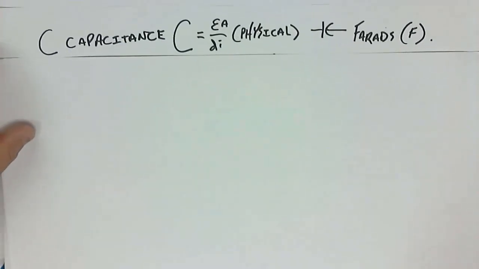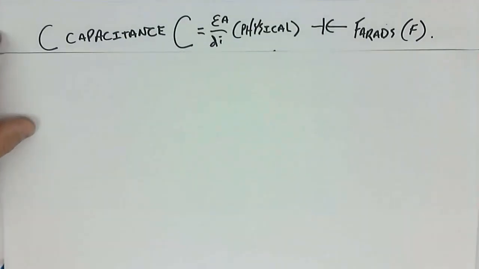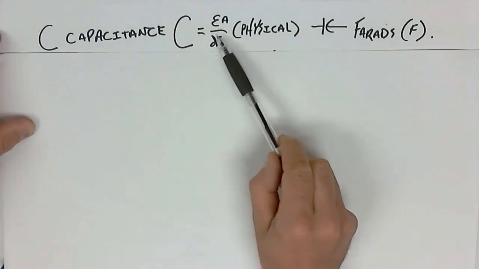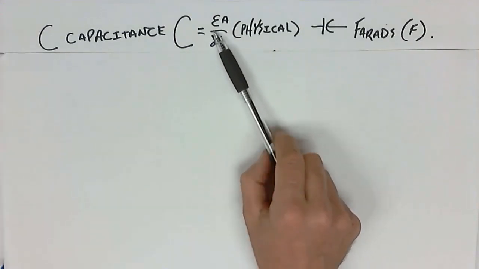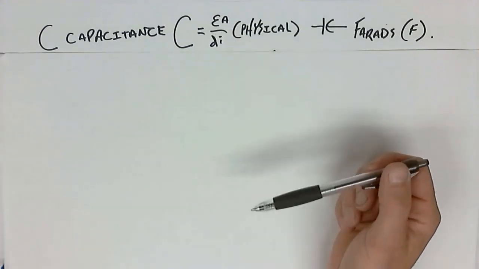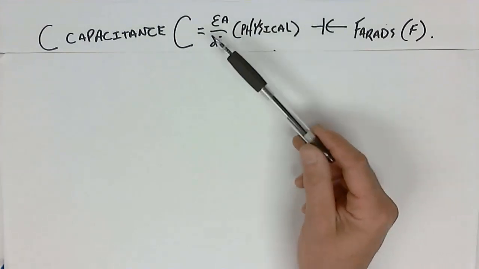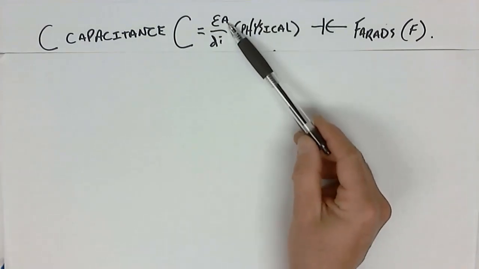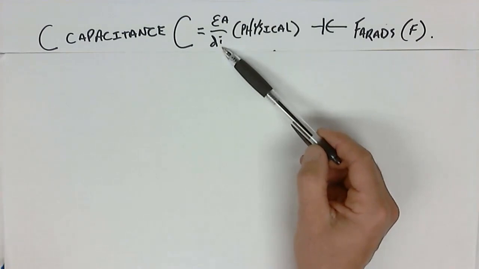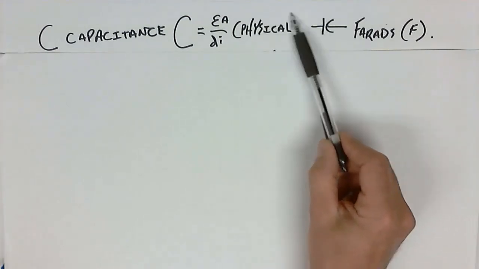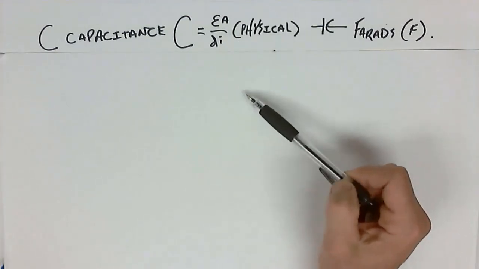The last one we're looking at is actually a capacitive circuit. So remember, capacitance, C is equal to EA over D, which is E being the dielectric strength of the insulation between the plates, A the area of the plates, and D the distance between. It is a physical calculation for the construction of a capacitor.